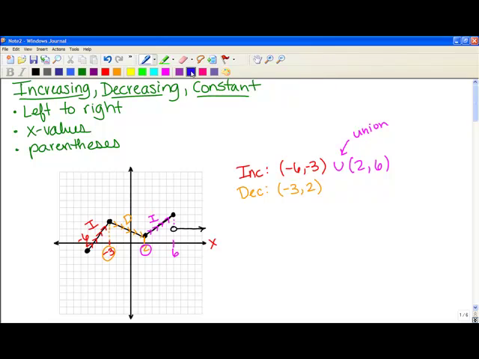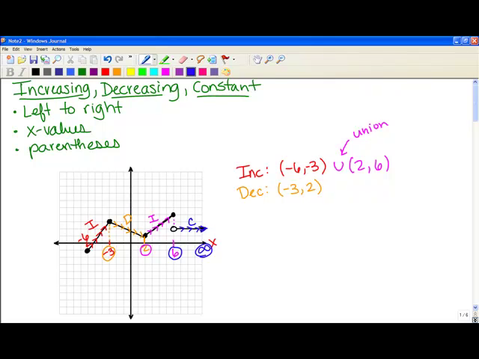And the last part, you see that the function stays the same, or is constant as we head towards the right. So it's going to be constant from the value 6 over to the value infinity. Notice that there's an arrow at the end of this. It keeps on going to the right. It would be going to infinity.